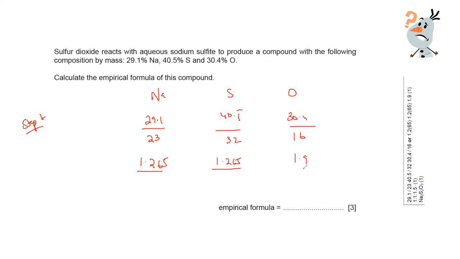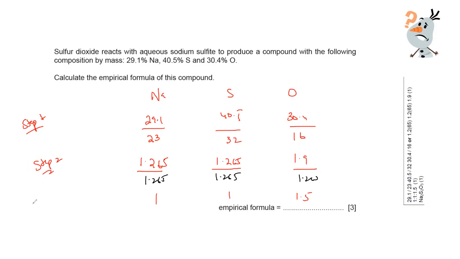Then we divide by the smallest value. Step 2: divide by the smallest value in the combination to get the simplest ratio. So 1.265 is the smallest value. When we divide them by the smallest value, this will come out as 1, this will come out as 1, and 1.9 divided by 1.265 is equal to 1.5.